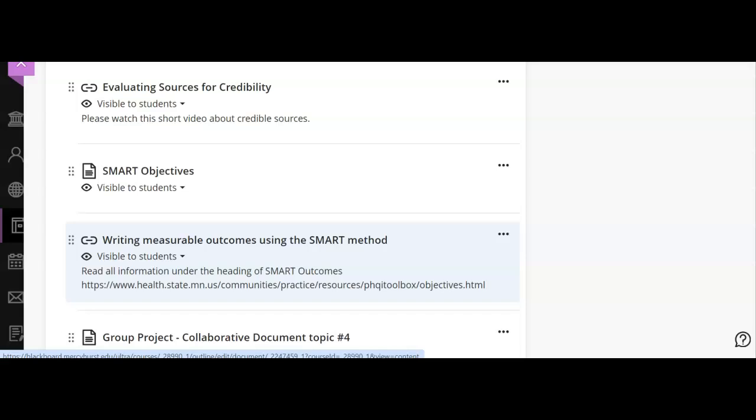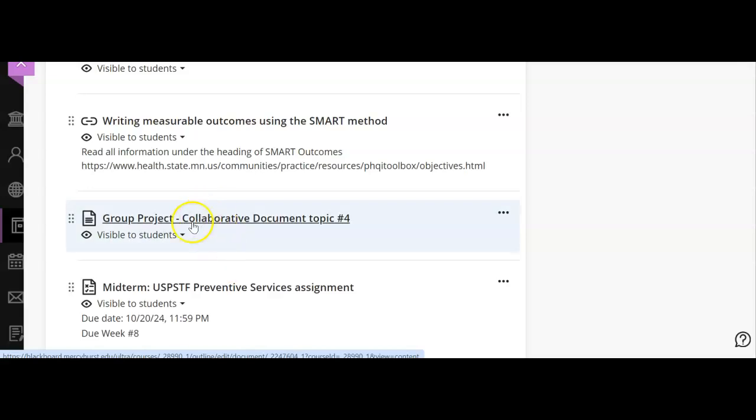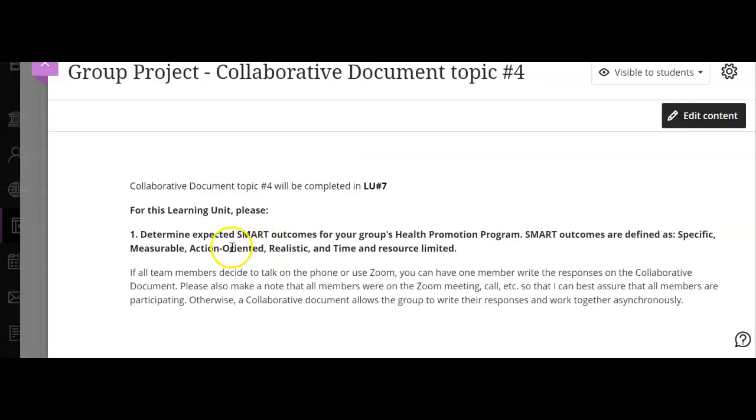So instead of taking up your time right now going through it, I expect everybody can read through the information themselves and collaboratively work with your group on developing SMART outcomes, which is what your collaborative document is asking you to do this week.